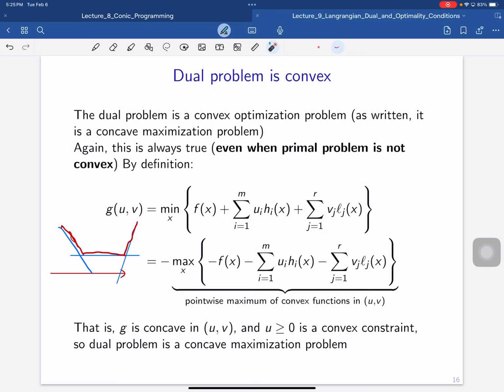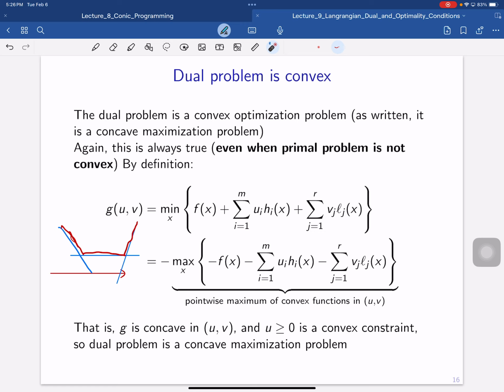For each fixed X, this function will be a linear function of U and V. You can think about you are getting the maximum over an infinite number of linear functions of U and V. Here I'm just plotting a finite number of linear functions. So this is nothing but taking the maximum over an infinite number of linear functions. And after you do that, the function will be convex in U and V.